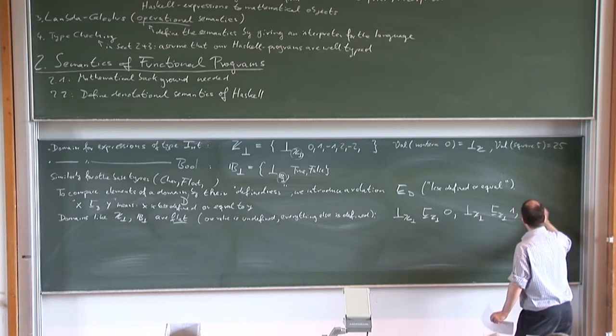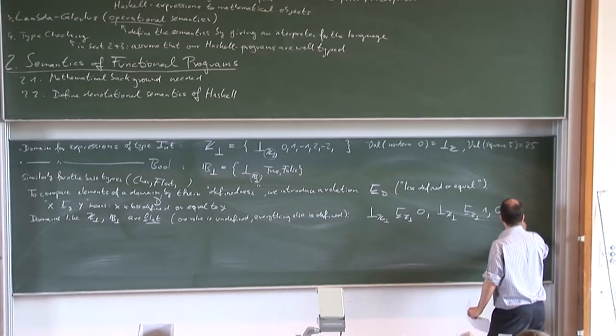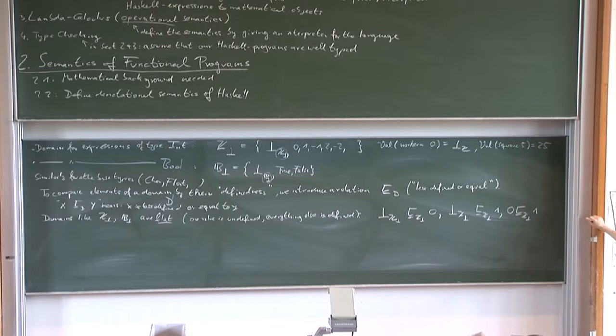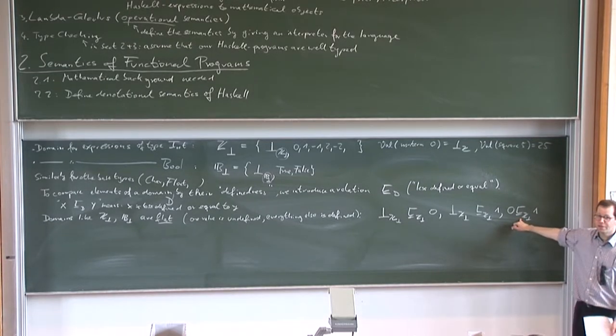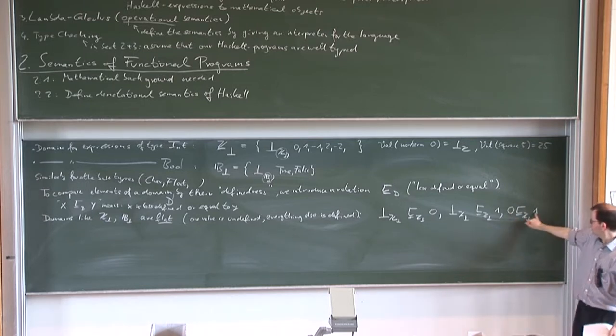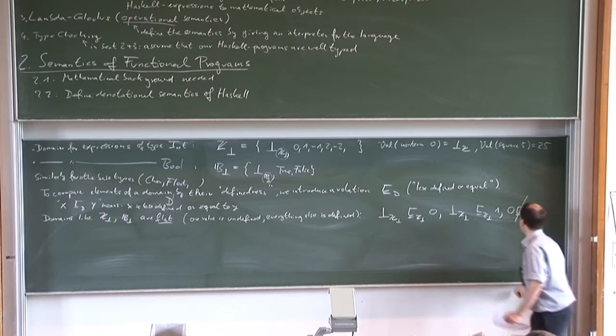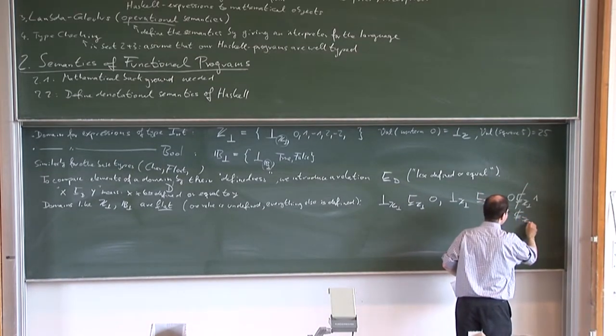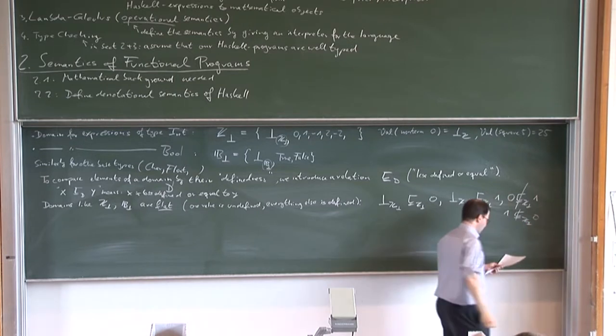But do you think this is also true? 0 less or equal than 1. Is 0 less defined than 1? No. 0 is completely defined, 1 is completely defined, so they are incomparable. So this is not true. And similarly, 1 is also not less defined or equal than 0.